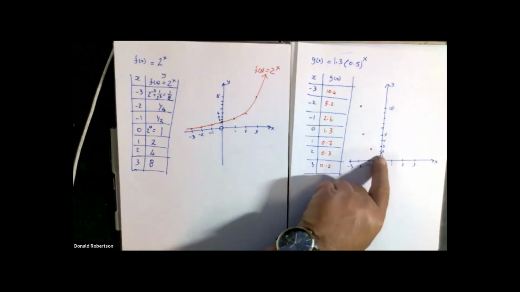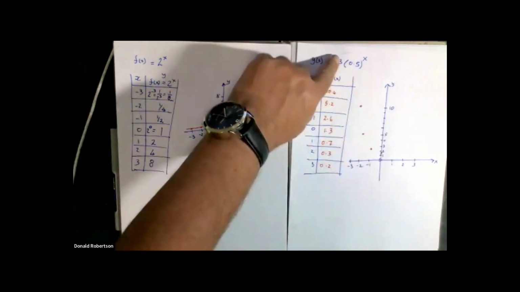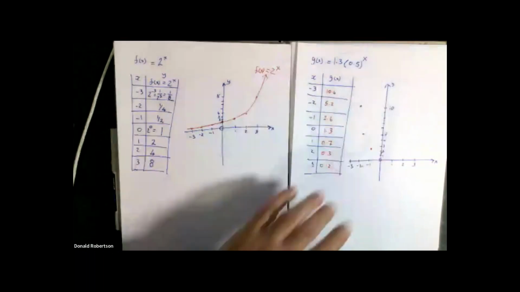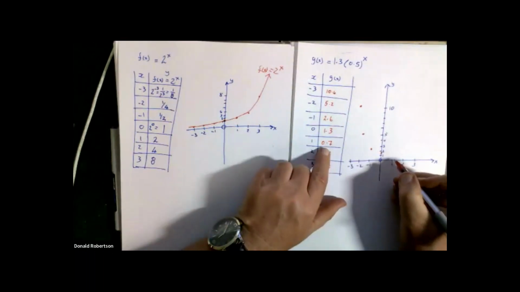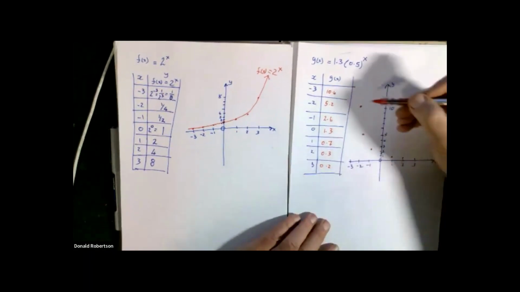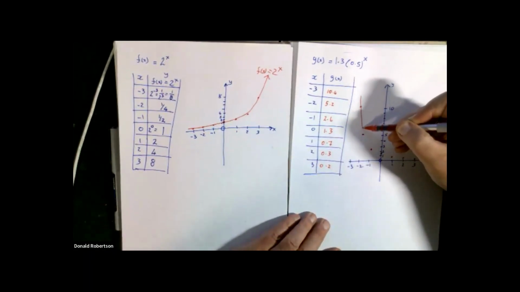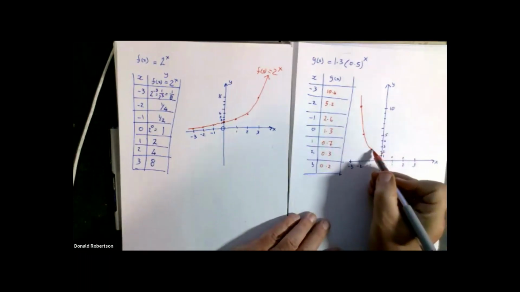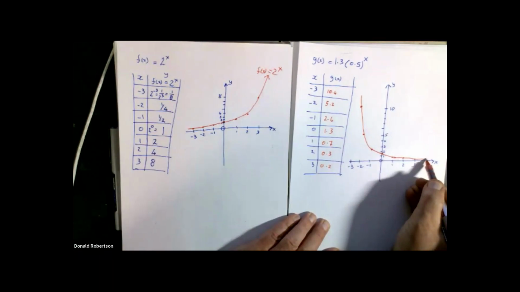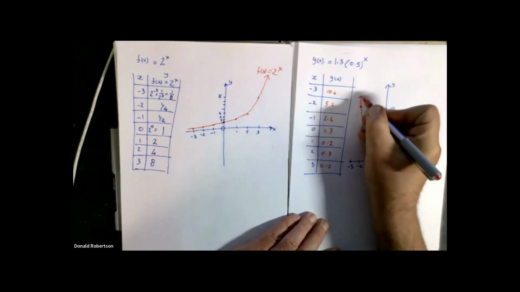Now you notice it didn't cross the y-axis at 1. If it had been 0.5 to the power of x, it would, but this guy here kind of changed that. And 0.7, 0.3, and finally 0.2. And then we do our best to draw our guys.